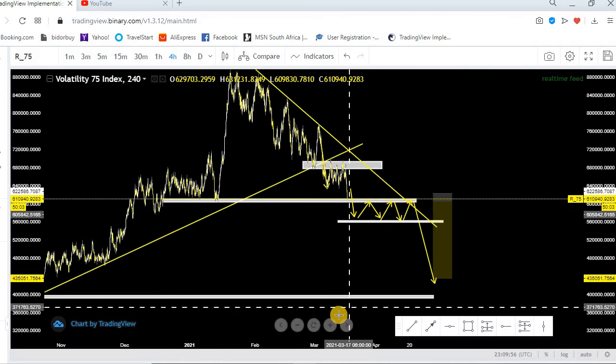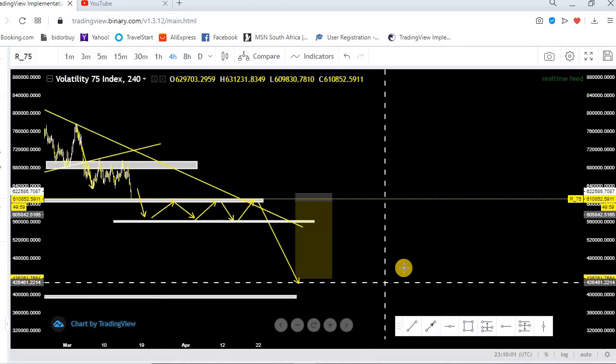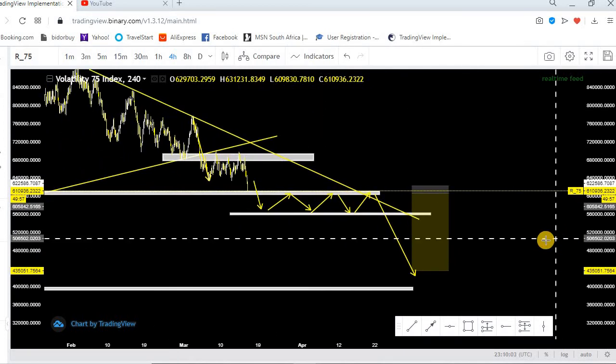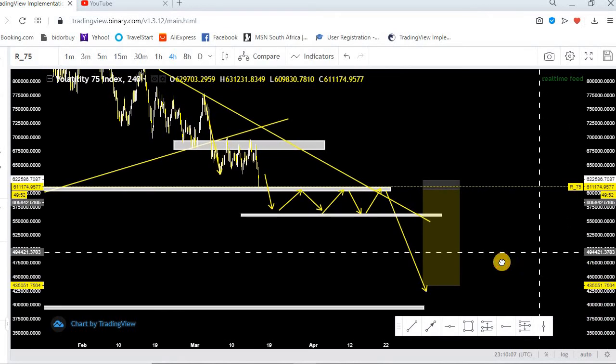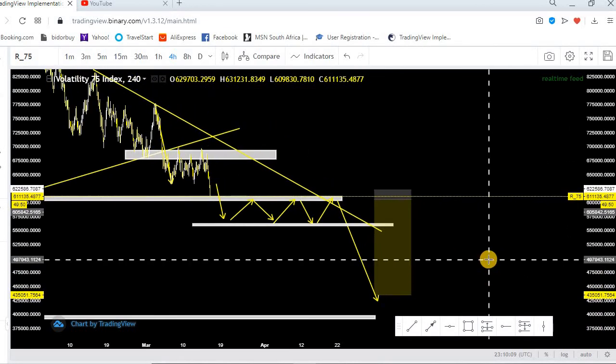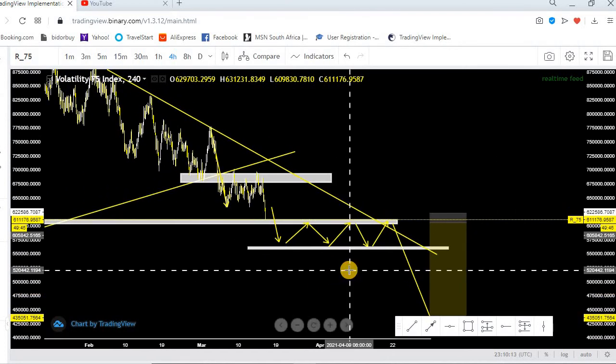So that's pretty much what we should expect from volatility 75. That's what we must expect from time now going on.